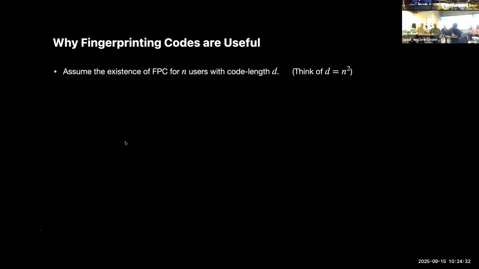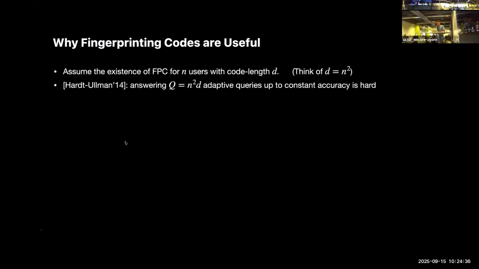Why are fingerprinting codes useful for adaptive data analysis? First of all, let's assume the existence of FPC for now. Then, again, in this seminal paper by Hardt and Ullman in 2014. The previously mentioned Bassily et al. paper focused on the upper bound side. And this is really a lower bound paper.